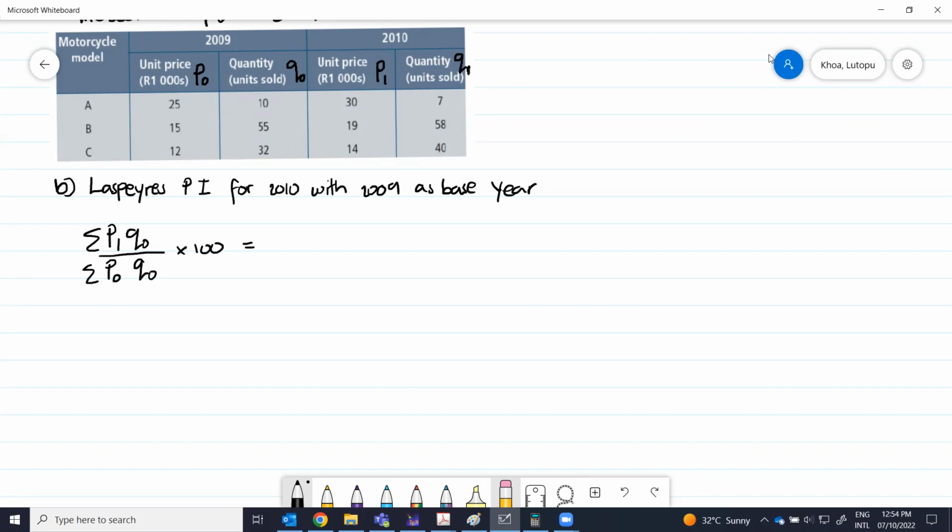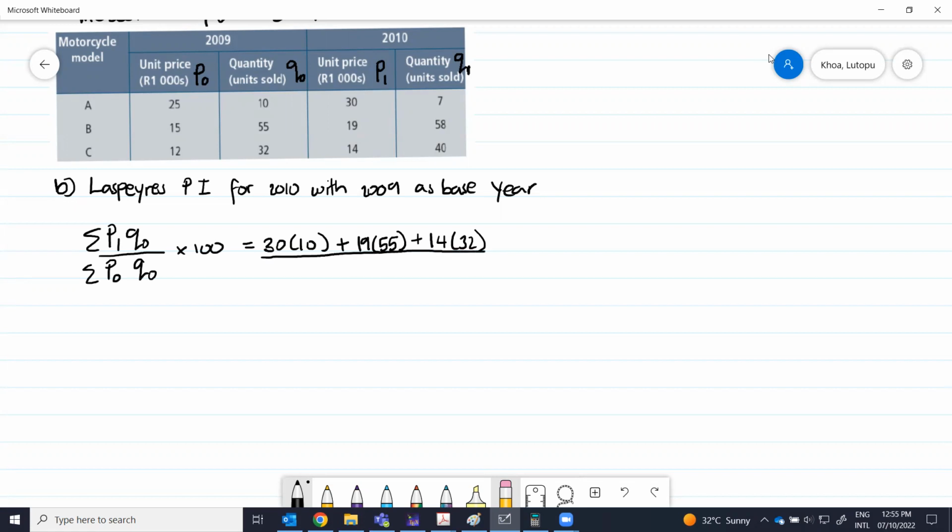Okay, so we're going to multiply P1 with Q naught. Let me just put them in the right order. So P1 is 30 times 10, and then 19 times 55, 14 times 32.